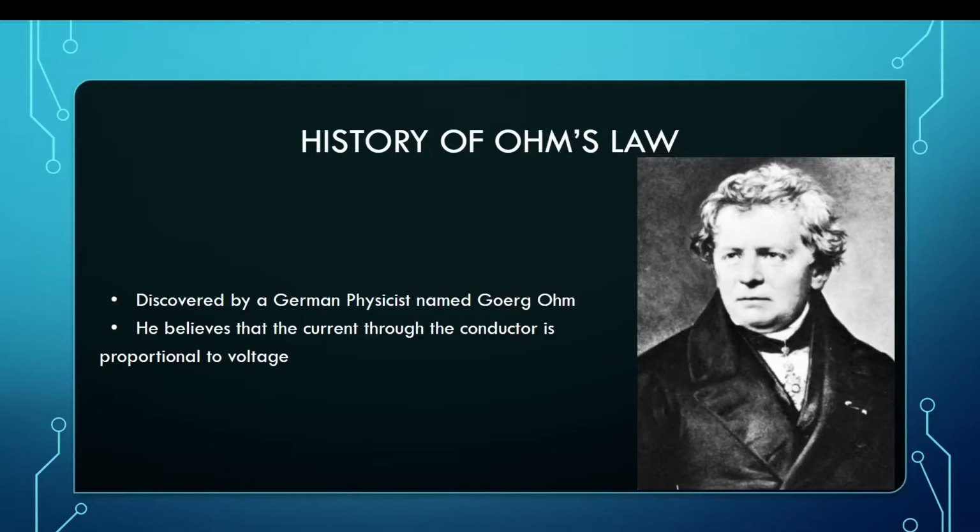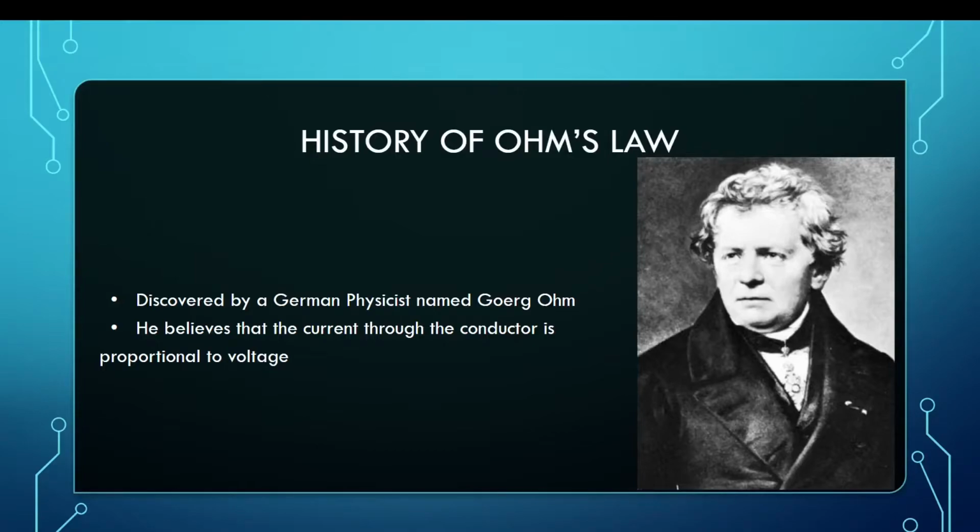Good for Georg Ohm. And don't get confused between ohms as in resistor ohms and Ohm's law. Ohms is the unit of measurement for resistance. And Ohm's law is the one that I'm going to show you in the next slide.